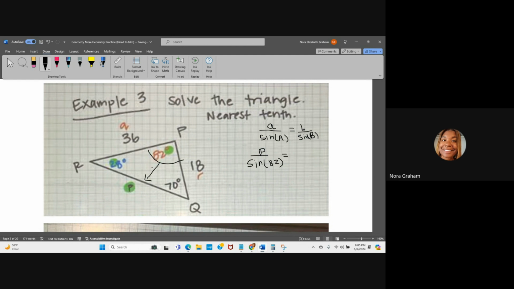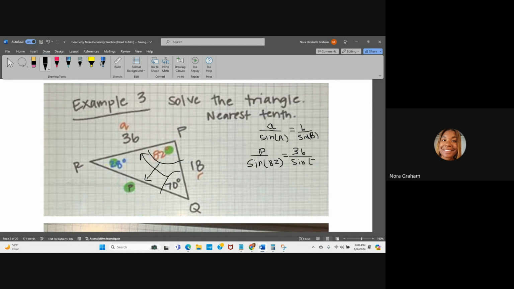Let's do Q. So I'm given angle Q, and the corresponding side is 36, because they give us little q. So 36 over sine of 70.